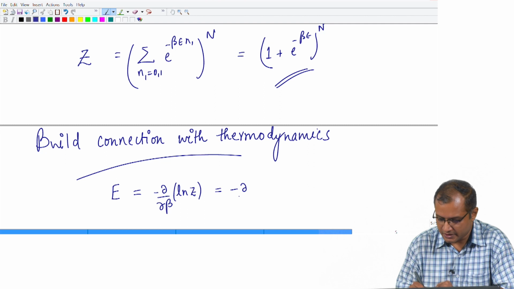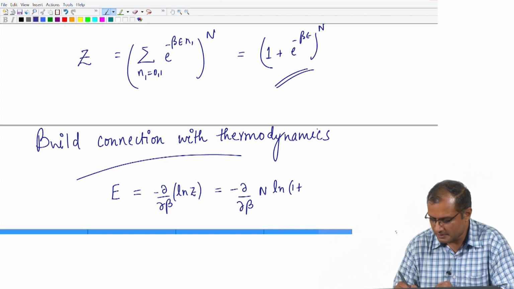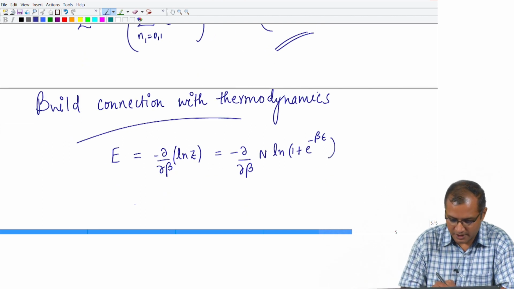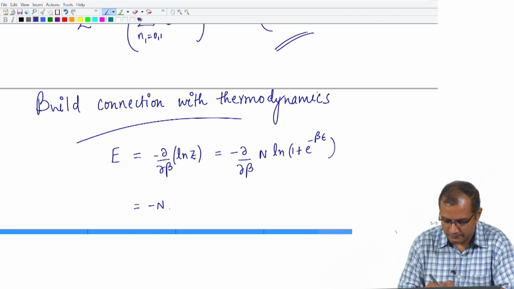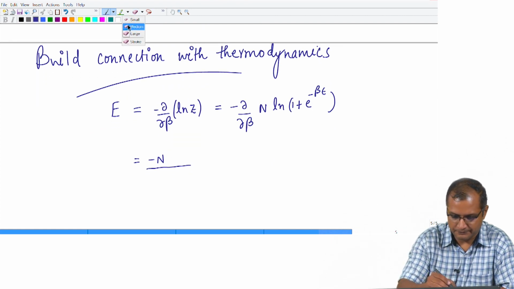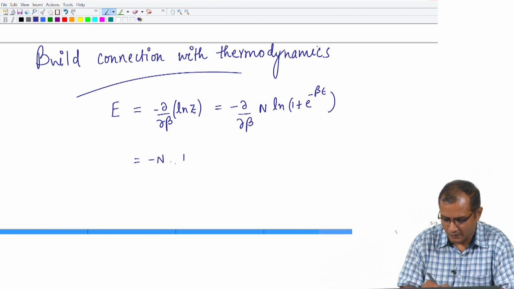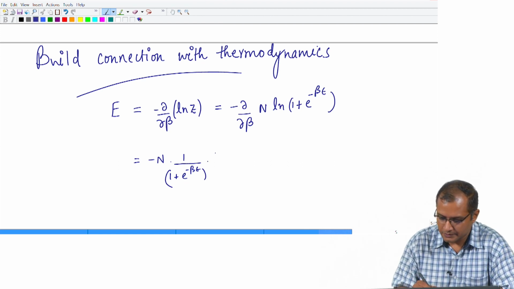So, ln Z is nothing but N ln(1 plus e raised to minus beta epsilon), and when you take the derivative what you get is minus N over 1 plus e raised to minus beta epsilon, into minus epsilon into e raised to minus beta epsilon.